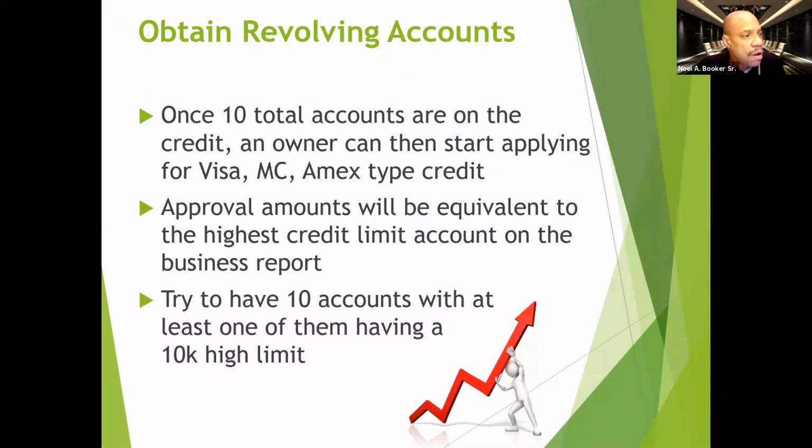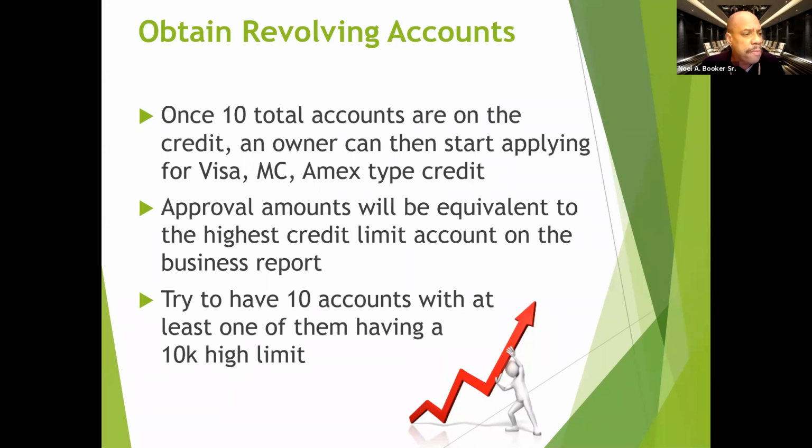Once you have 10 accounts on your credit, the owner can then start applying for Visa, MasterCard type credit. So the first goal is to have 5 net 30s. The next goal is to have 5 revolving accounts. The goal is to have 10 or more trade lines. The more trade lines you have paying on time, the better you are.